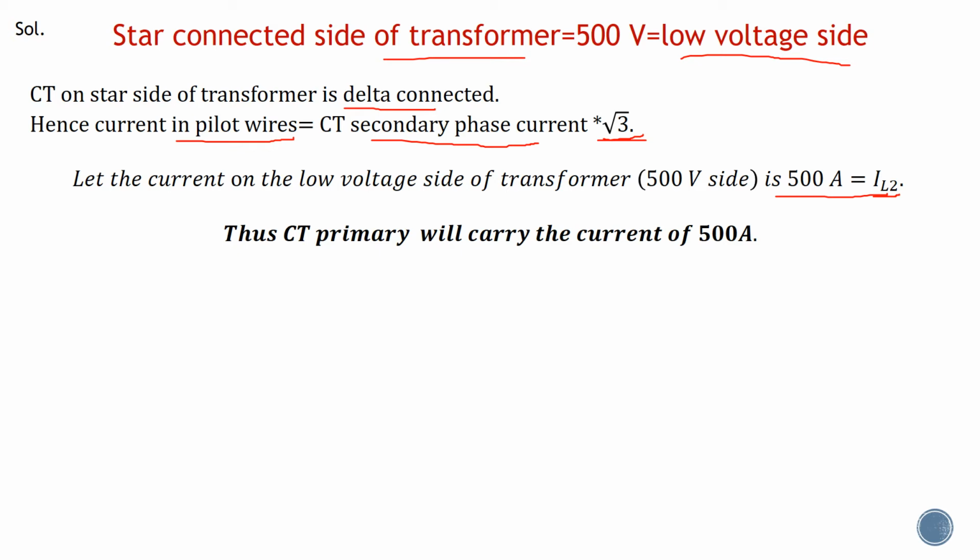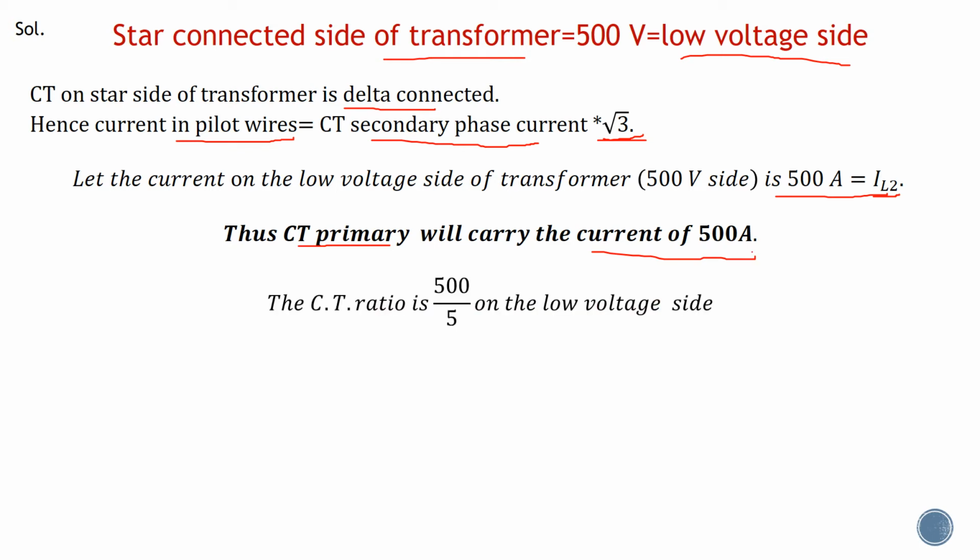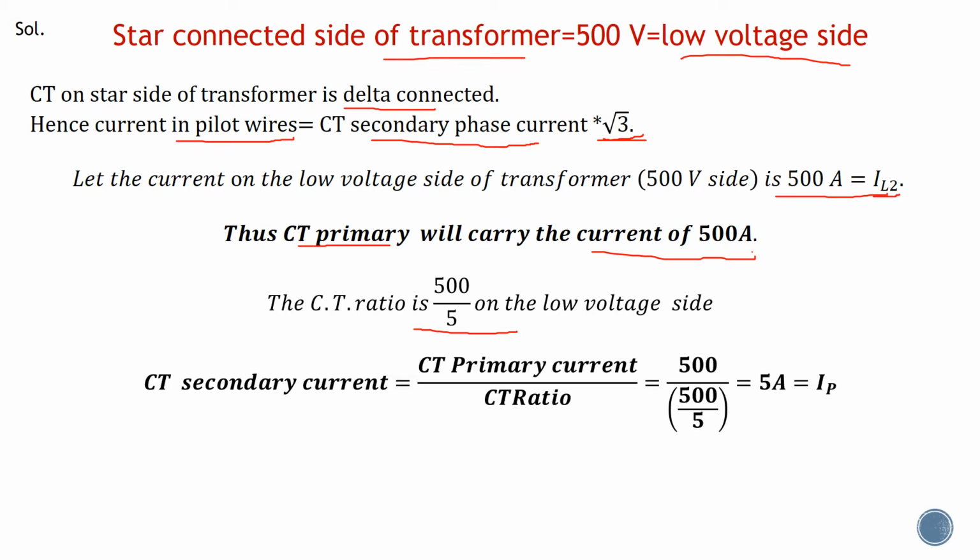Also, as said, the CTs are connected in series, therefore the primary current of the CT will actually be the line current of the transformer, and therefore the CT primary will also carry the current of 500 ampere. The CT ratio on the low voltage side is given as 500 by 5. Therefore, with the help of this, we can easily calculate the CT secondary current by dividing the primary current by the CT ratio, and thus we will get the value of 5 ampere.